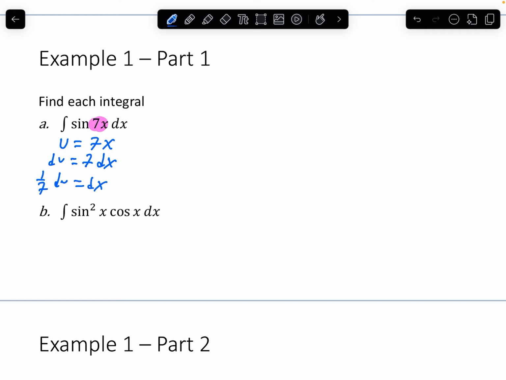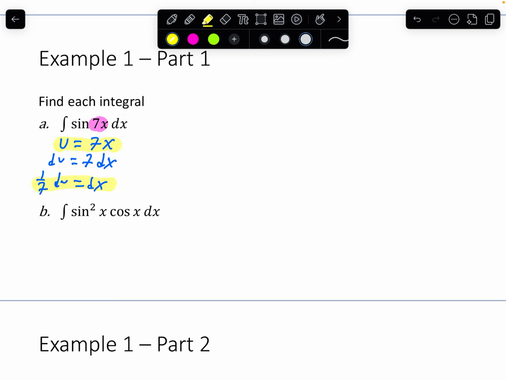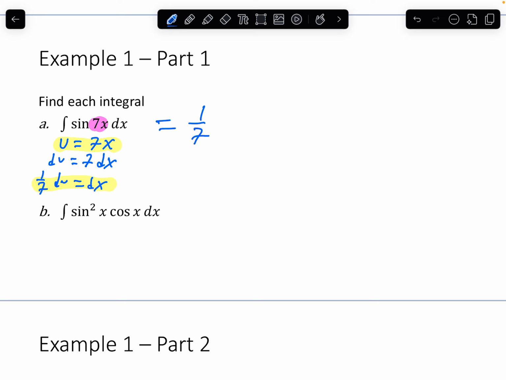So now we have our parts: u being 7x and dx being 1/7 du. Reapplying those into our integration, this makes 1/7 times the integral of the sine of u du.